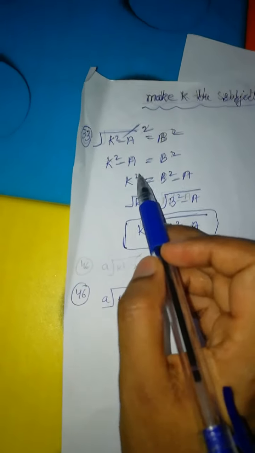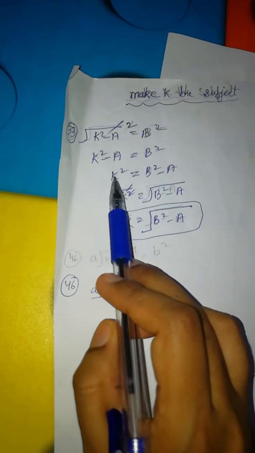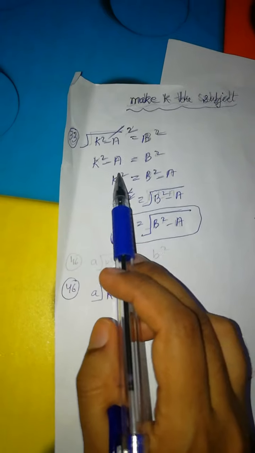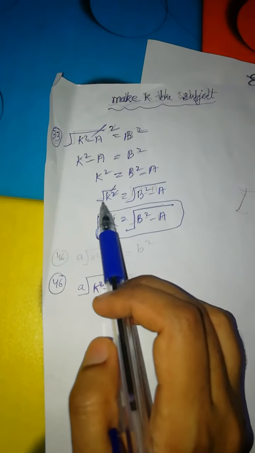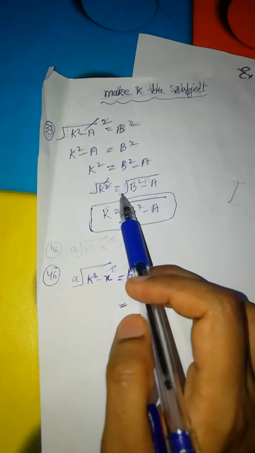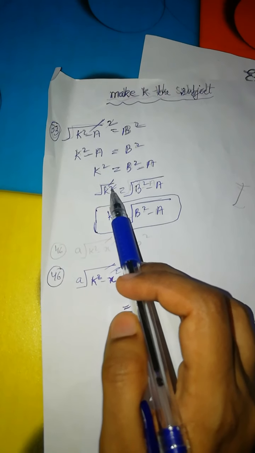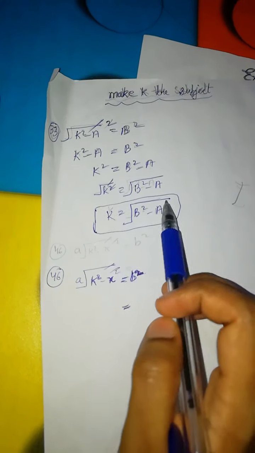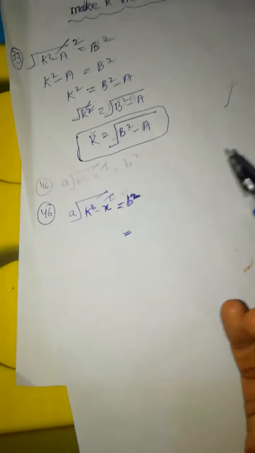We cannot make k square the subject, we have to make k, right? So here again, to remove the square we have to put what? A square root. If you are putting a square root here, we have to put a square root to this side. Now the square root cancels with the square. Now k is separated. Okay, now this is the answer. Same for 46. Same.